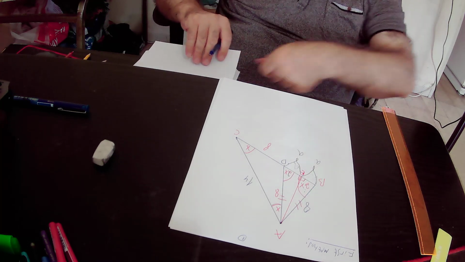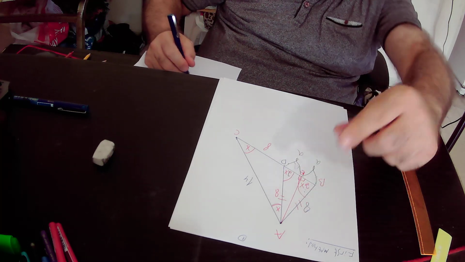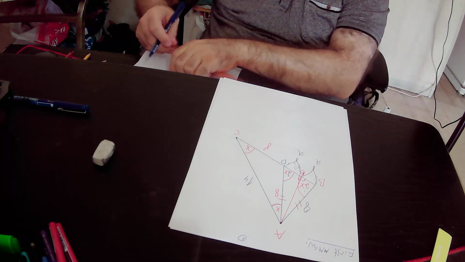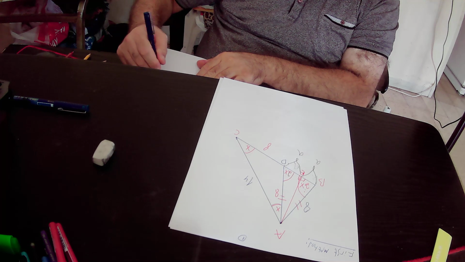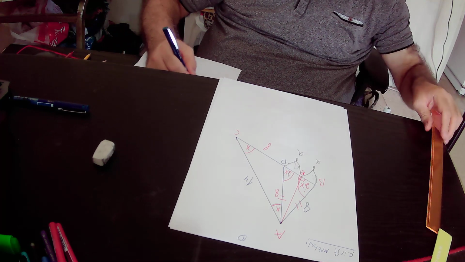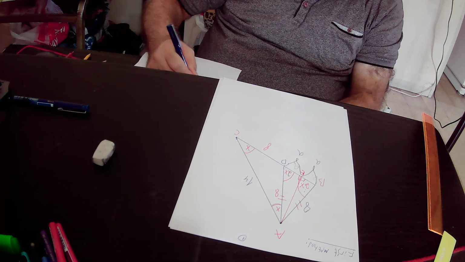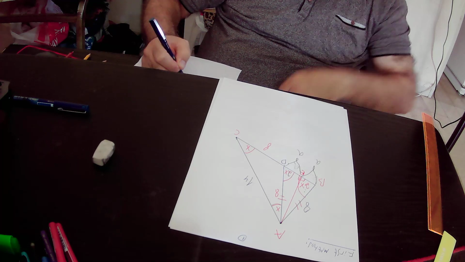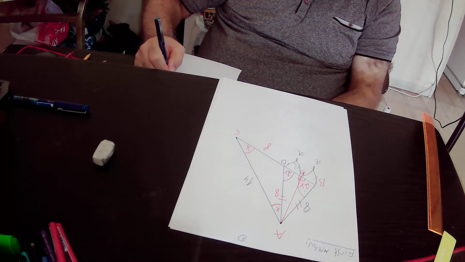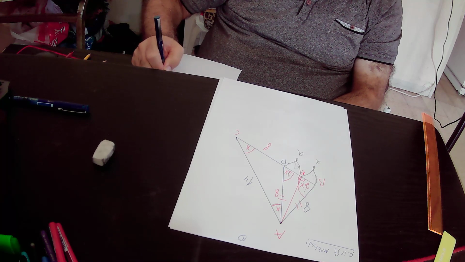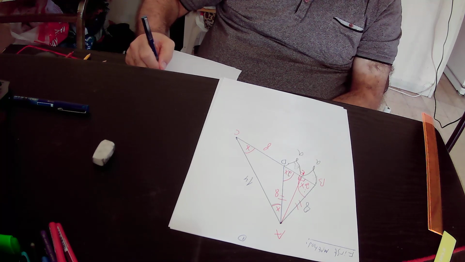That is to say, AB square equals BE square plus AE square.